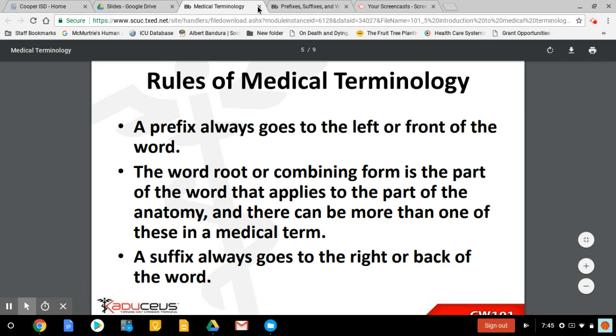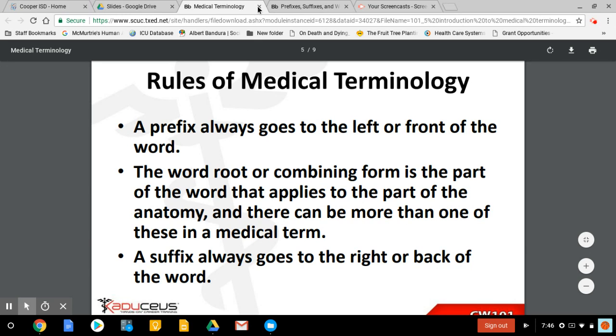Volm would mean volume. Emia would be pertaining to the blood. So that volm would be the root word, and the suffix would be emia, which means pertaining to the blood. So you'll be able to break words down related to that.